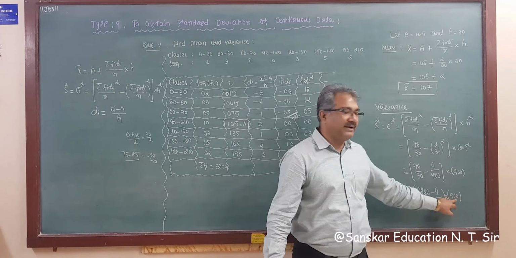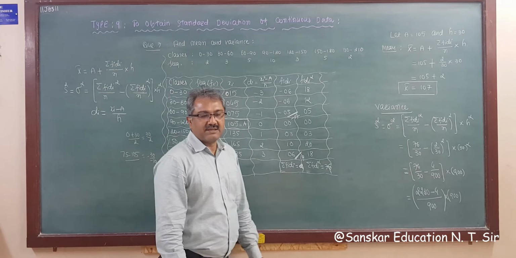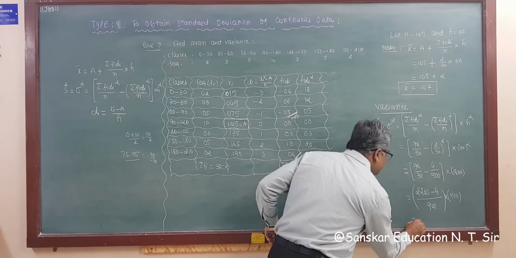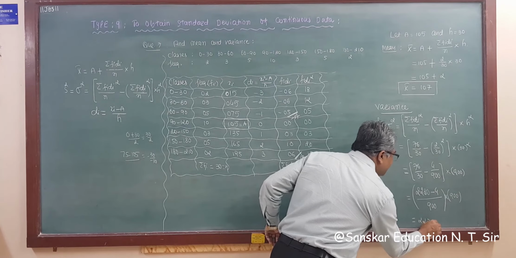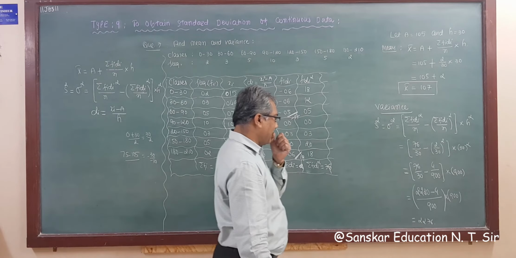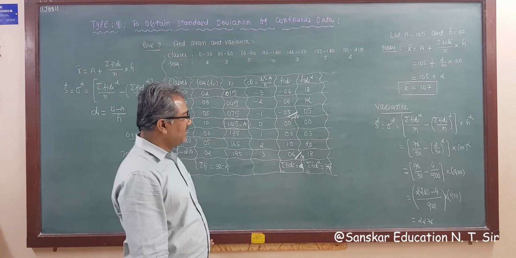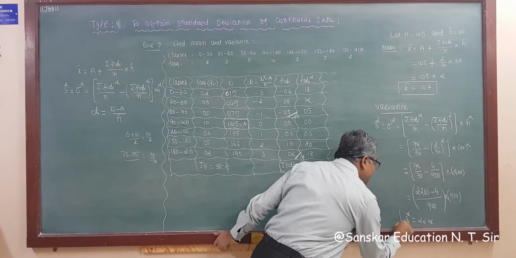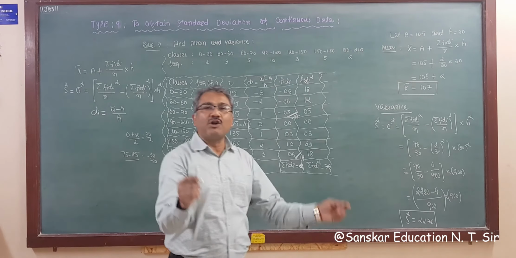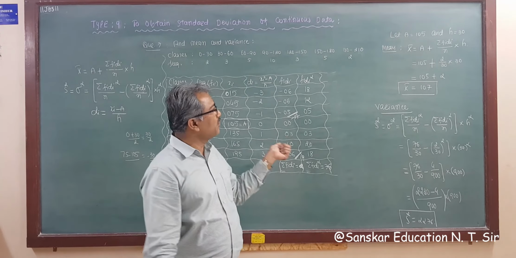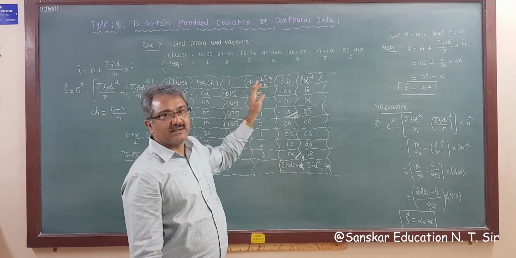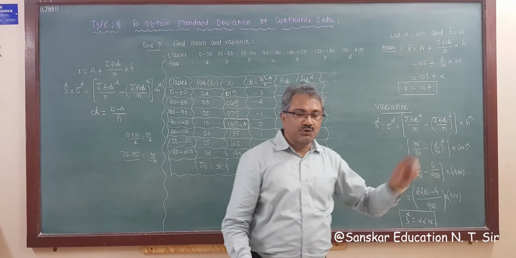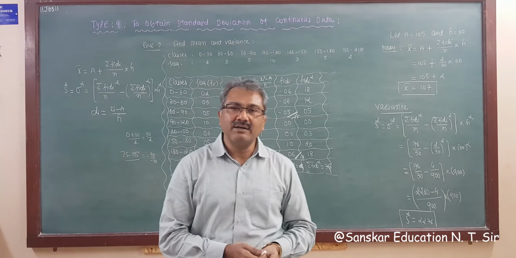So this 900 will cut. So what is your answer? 2276. 2276 is your variance. And if you want to find out the standard deviation, then take the positive square root of this. So root 2276 is your standard deviation.